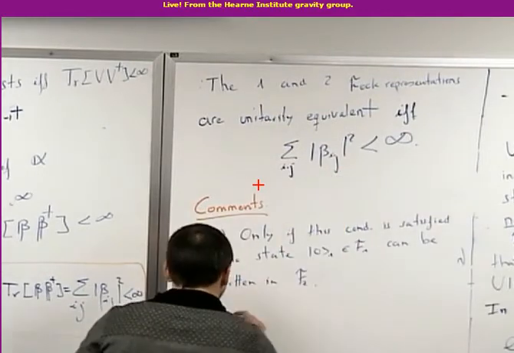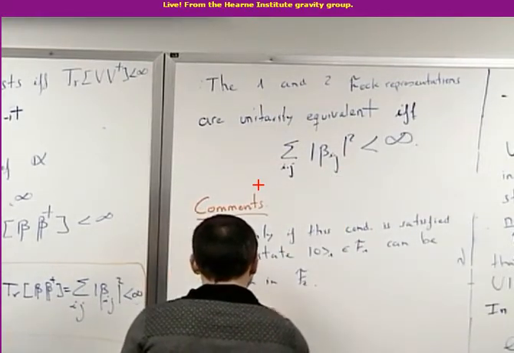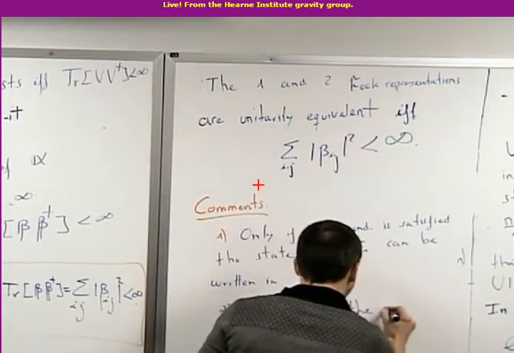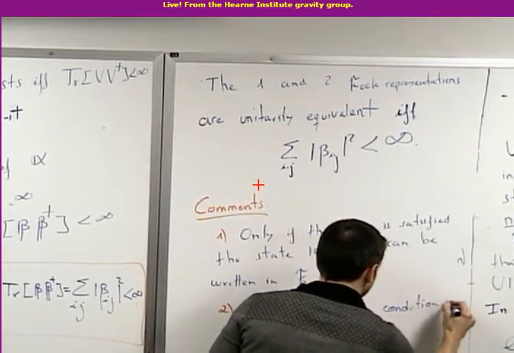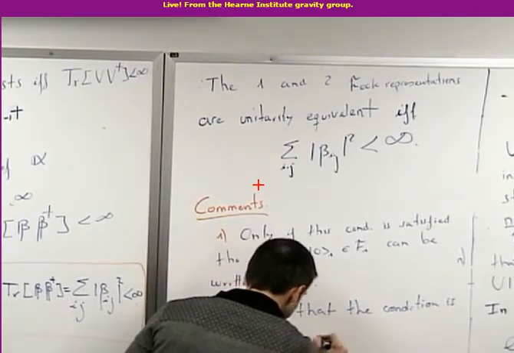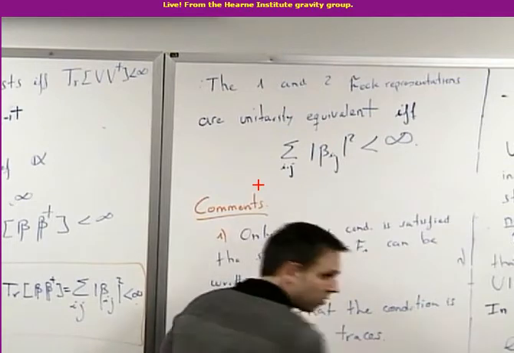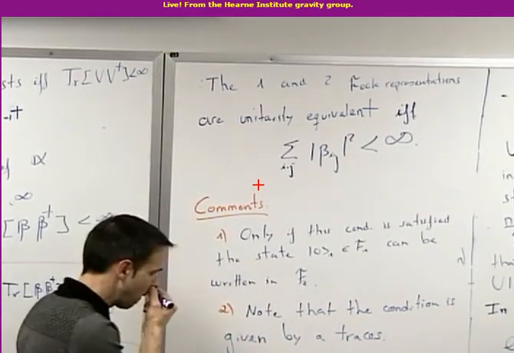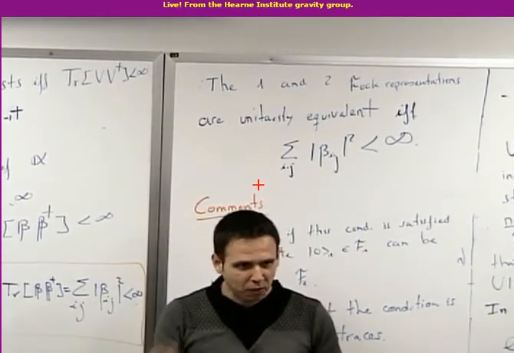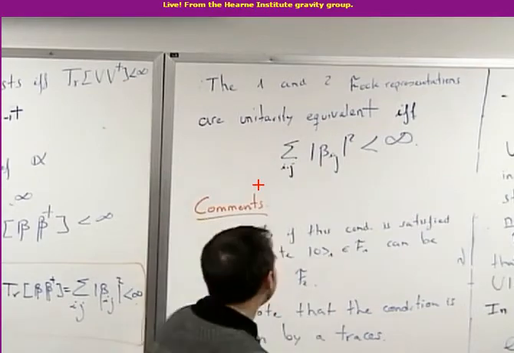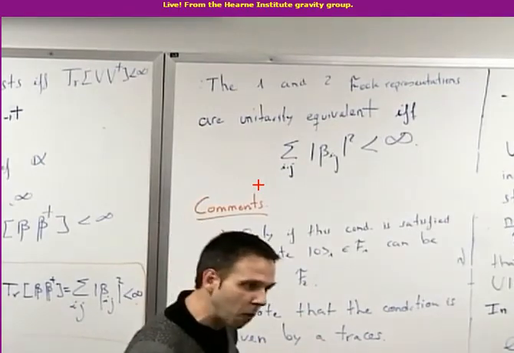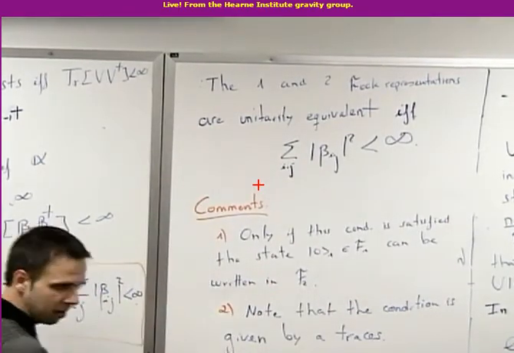Second, something just about the condition. Note that the condition is given by a trace. Why do you think that is important? Something to do with entanglement? Yeah. Because a trace is basis independent. The trace of any matrix doesn't depend on the basis. So you can have the feeling that this condition depends on which basis I use, but the statement is no, because the trace of beta star beta is basis independent.